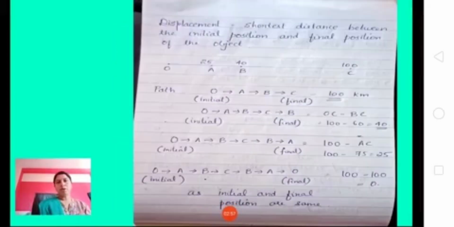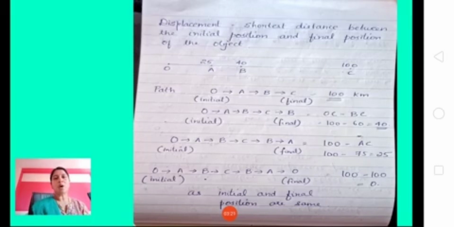Now we are going to define another term here which is called displacement. What is displacement? Displacement is the shortest distance between the initial position and final position of the object. Let us take the same example where we have a straight road and 4 different points.